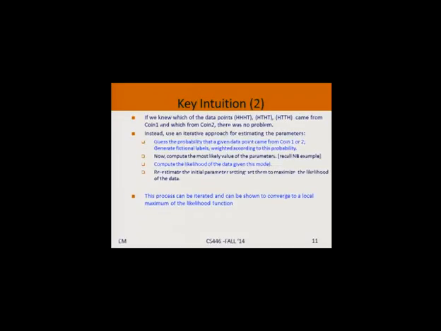Here we don't have it. So instead, what we're going to do is use an iterative approach that goes like this. We're going to guess the probability that a given data point came from coin 1. 1 minus it, in this case, is going to be the probability that it came from coin 2. With this guess, we're going to estimate the probabilities. Basically, we're going to compute the most likely value of the parameters.